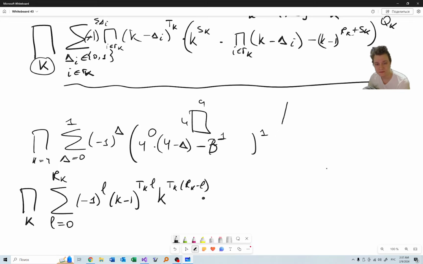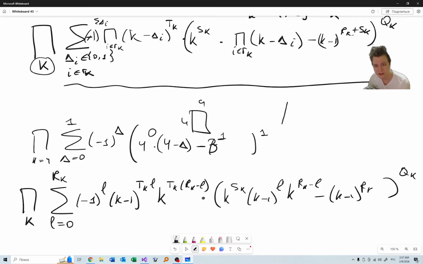Then I have something to the power qk. Here I have k to the power sk. Then again I have this k minus 1 to the power L and k to the power Rk minus L. And then I have k minus 1 to the power Rk plus Sk.